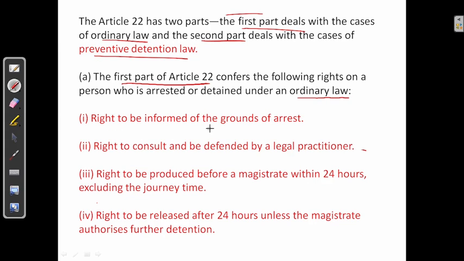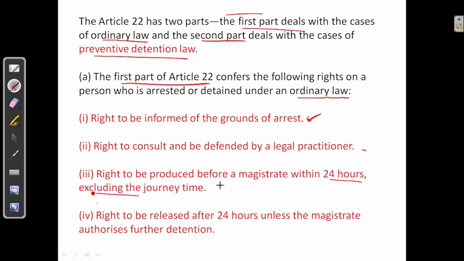Right to be informed of the grounds of arrest. If a person is arrested under the ordinary law, he is given a right to be informed why he is arrested. Next, right to consult and be defended by a legal practitioner. Next, right to be produced before a magistrate within 24 hours, excluding the journey time.